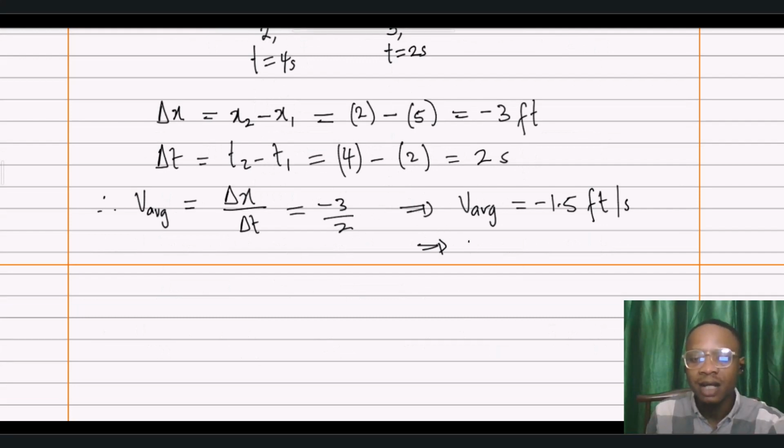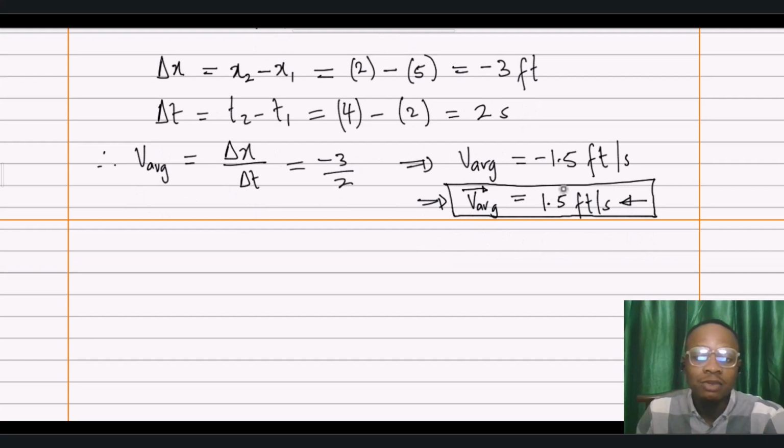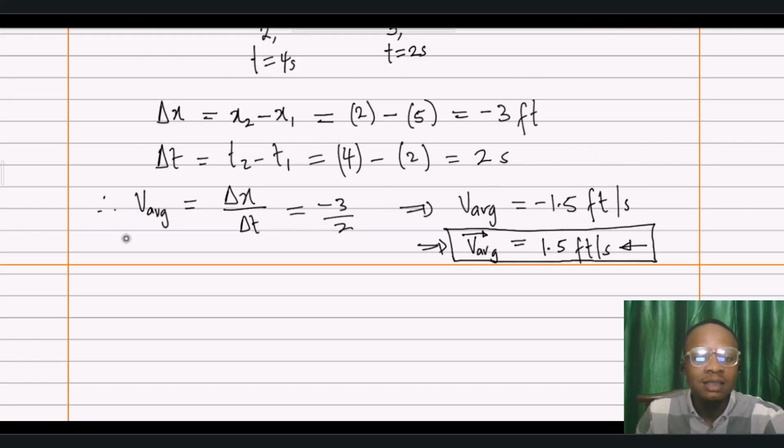So this implies that the average velocity, now recognizing that it is a vector, is equal to 1.5 feet per second. Now we interpret the negative sign. That means it is in the leftward direction, and this will be the way to present the result. So this is our result. I'm trying hard to not cross that line. So that is average velocity. Life is as easy as that. So you must recognize that it is a vector.